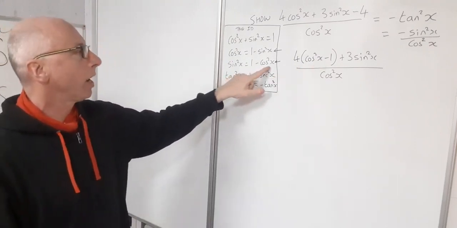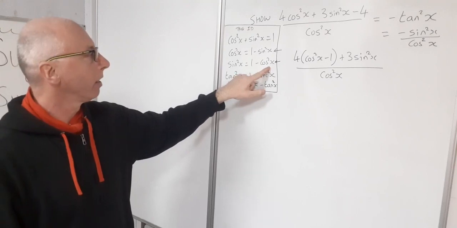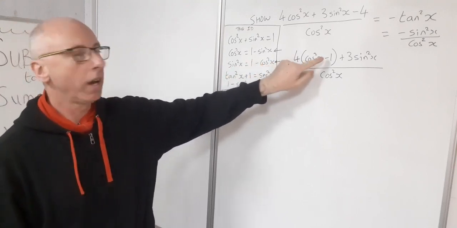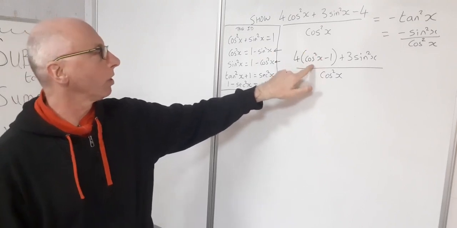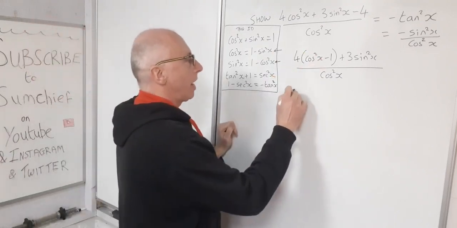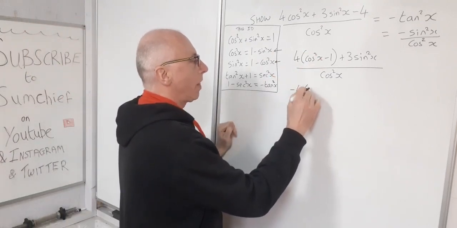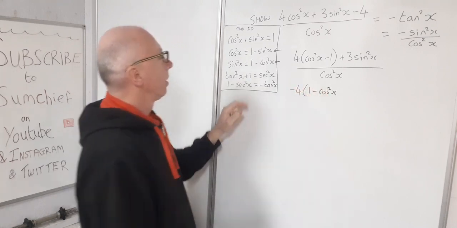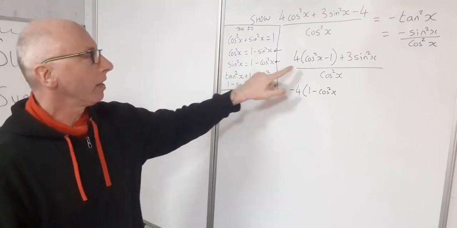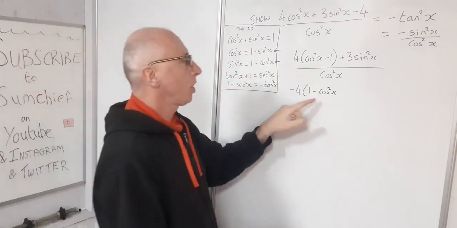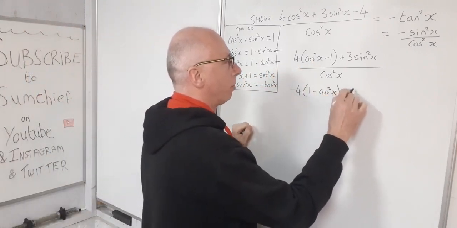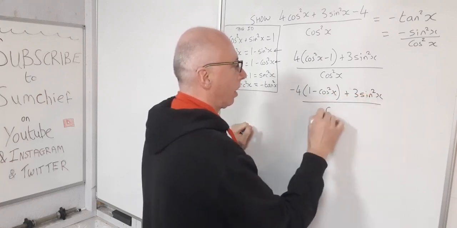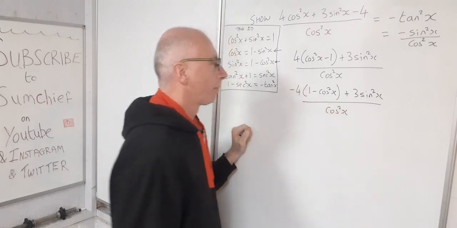Here I've got 1 minus cosine squared x. So why don't I put a minus sign on my minus 4, and that way then I can flip these round the other way. So then I would have minus 4 and then 1 minus cosine squared x. So that way then I'd have this identity inside here. So minus 4 times 1 minus cosine squared x plus 3 sine squared x over cosine squared x.